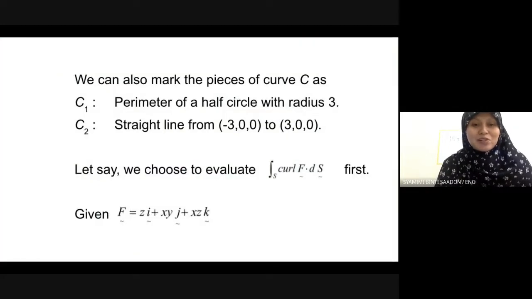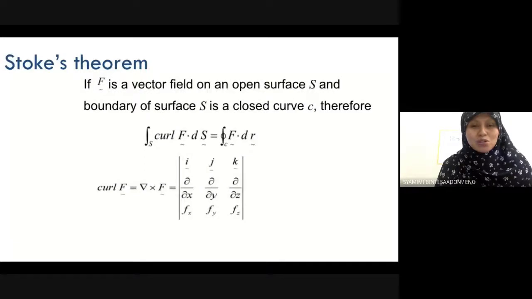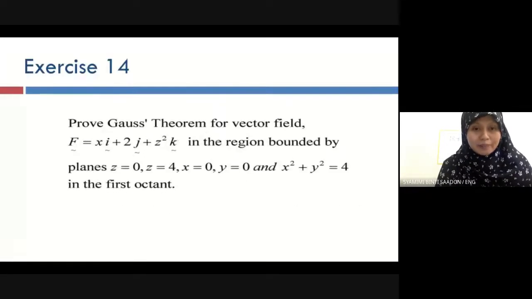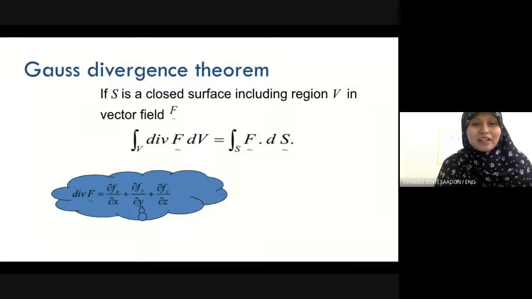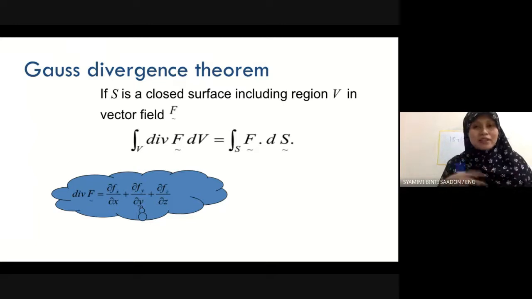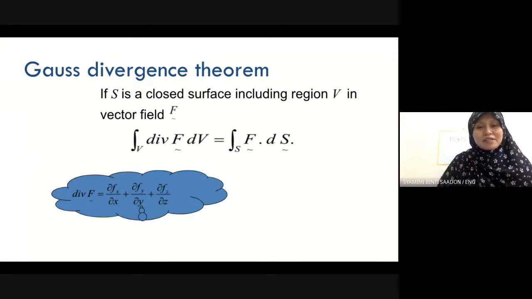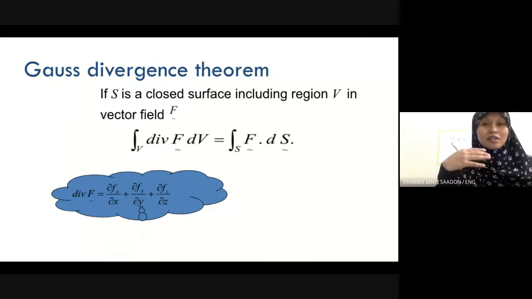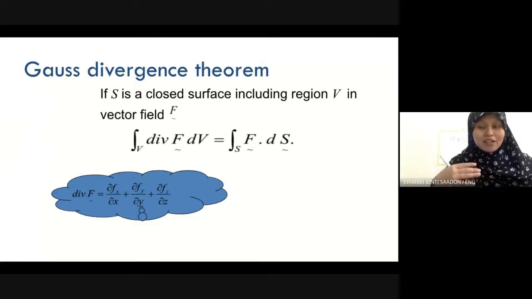Actually, Stokes theorem, Green's theorem and Gauss theorem are just applications of the vector integral calculus that we learned. We learned first the definition and how to calculate the integral of a scalar field, the integral of a vector field, and then the integral of those scalar and vector fields over a curve, a surface, and a region.